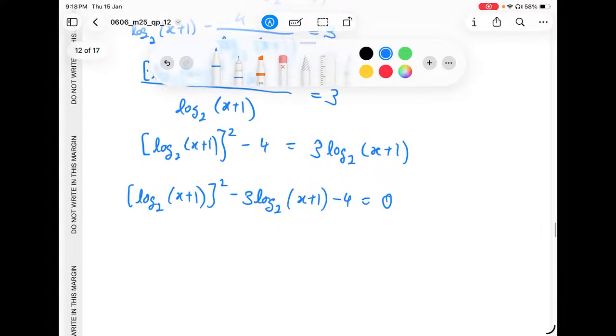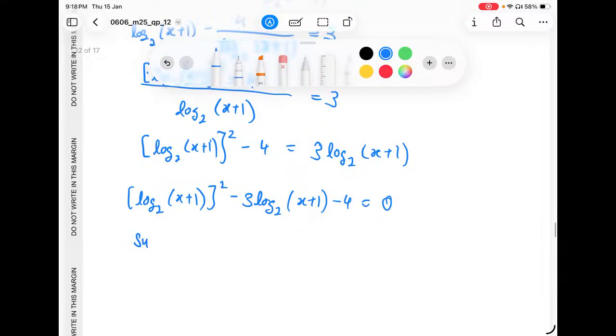So basically you can substitute that log_2(x+1) with some other value, let's say y. So let y equal log_2(x+1). Now you substitute this y into the equation: y squared minus 3y minus 4 equals 0.